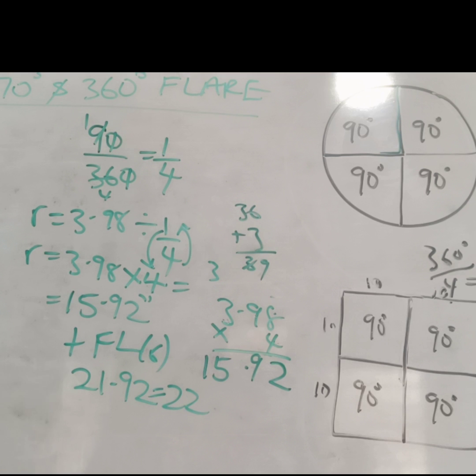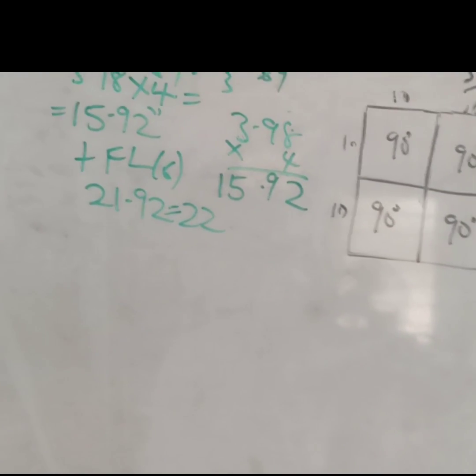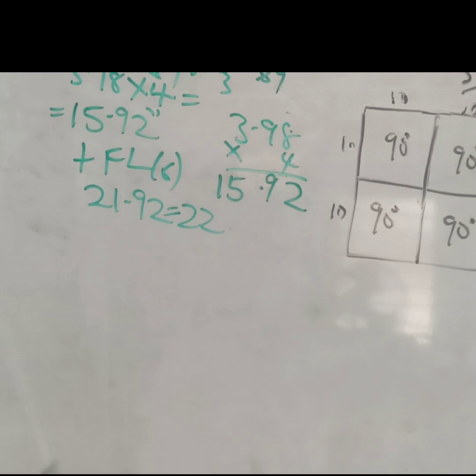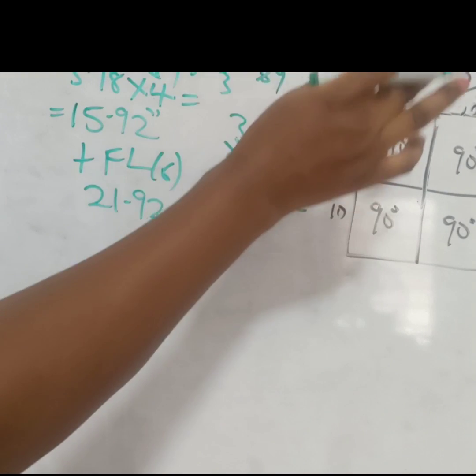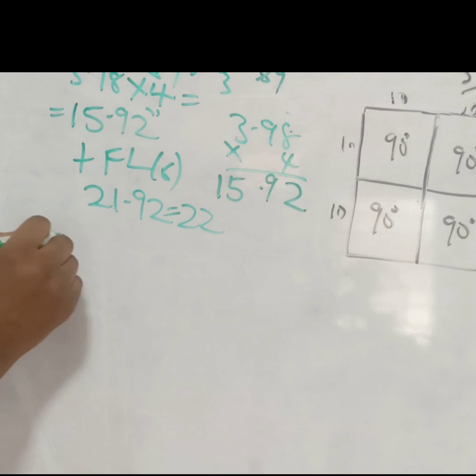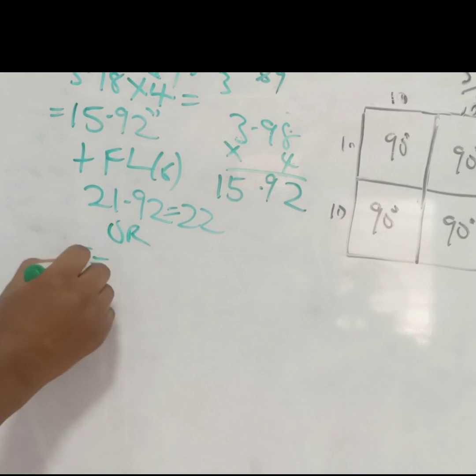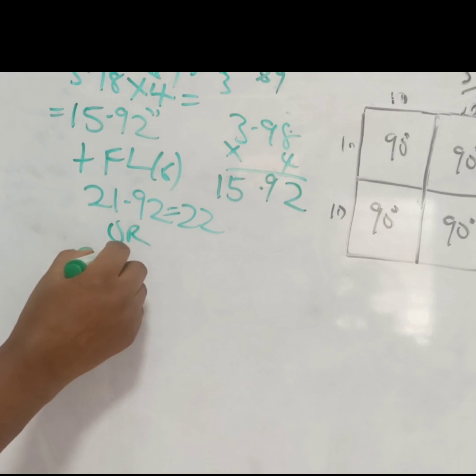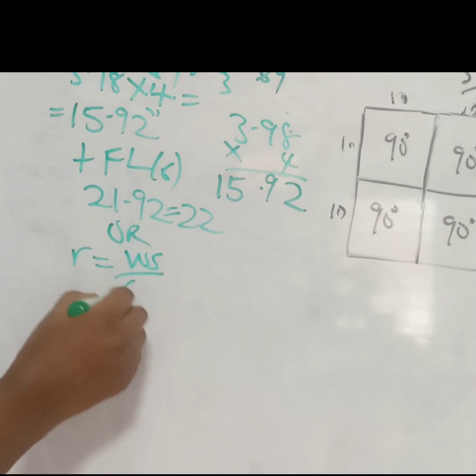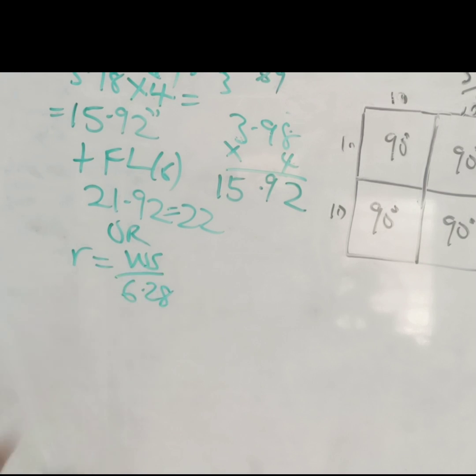Now if you don't want to do it like this, another way you can do it is from the waist. You know the radius is the circumference, which is the waist, divided by 6.28.